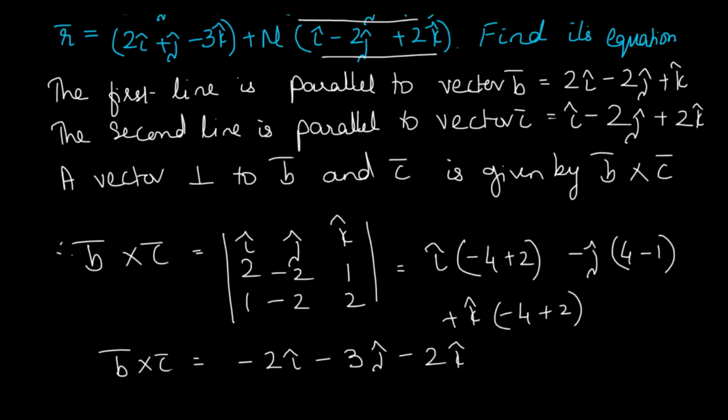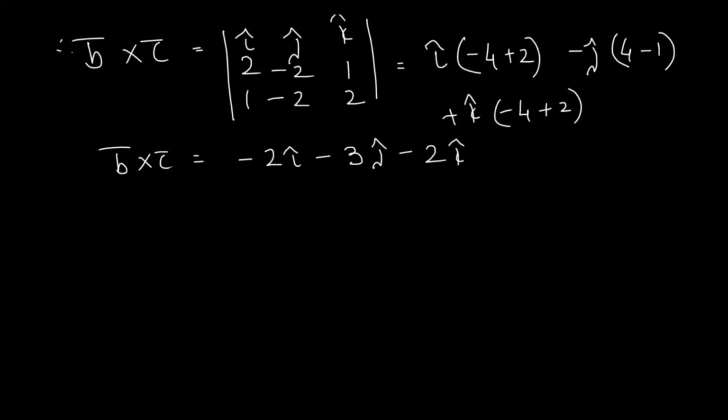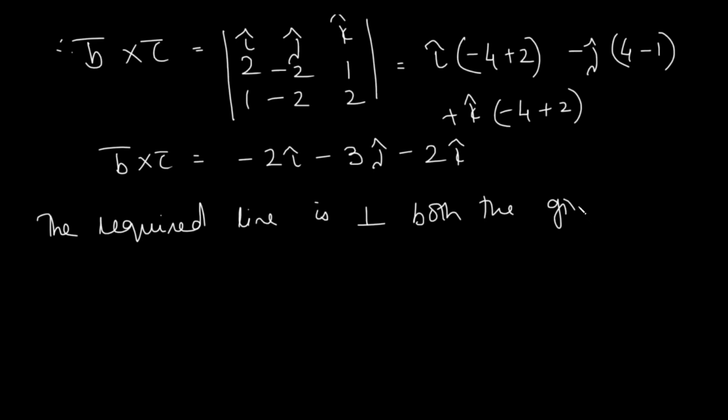Now the required line is perpendicular to both the given lines. B cross C is a vector which is perpendicular to both the given lines.